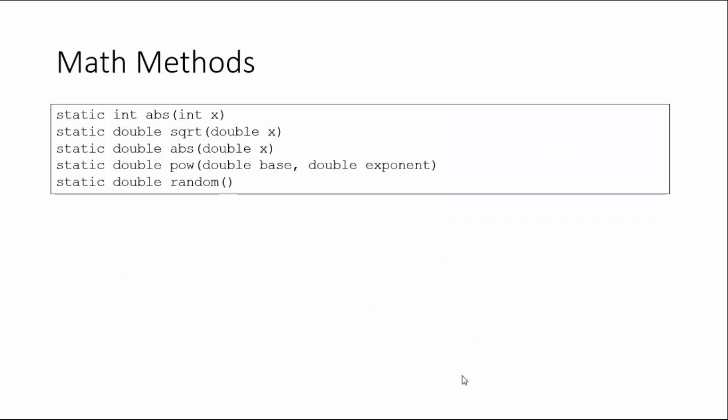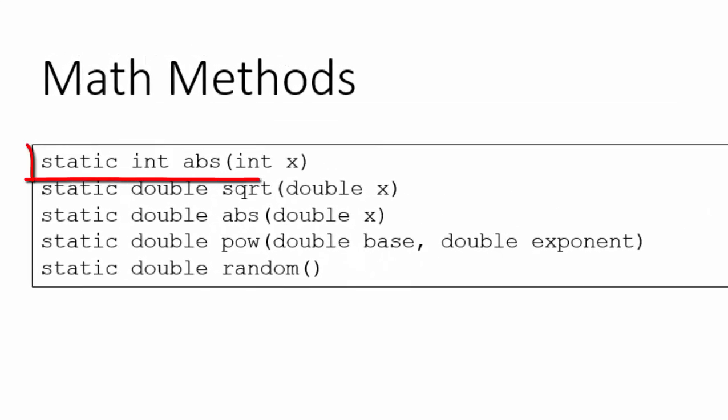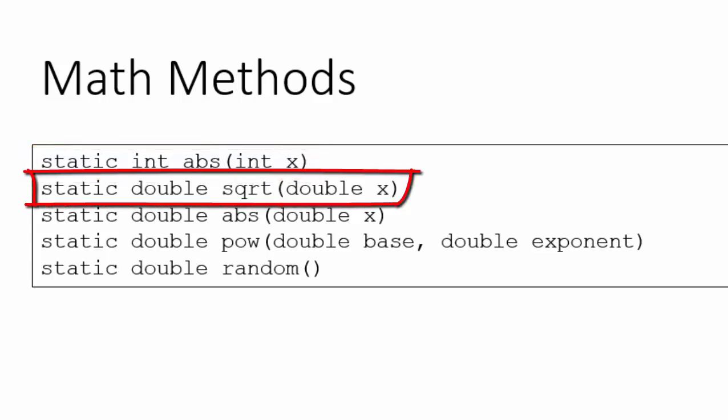The math class contains mathematical methods. You can look at all of them in the Java API. Here are a few you will be using frequently. The abs or absolute method accepts an integer value and returns the absolute value of that integer. The square root or sqrt method accepts a double value and returns the square root of the value.